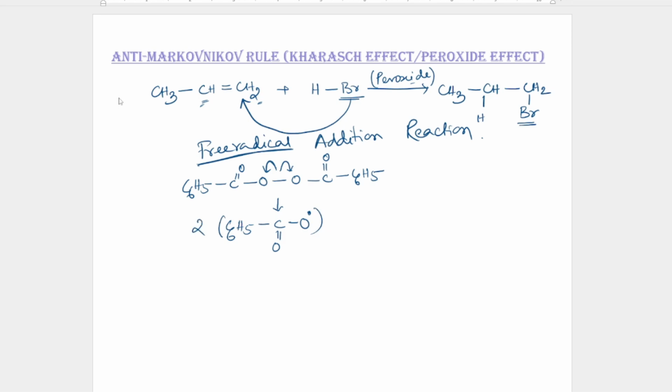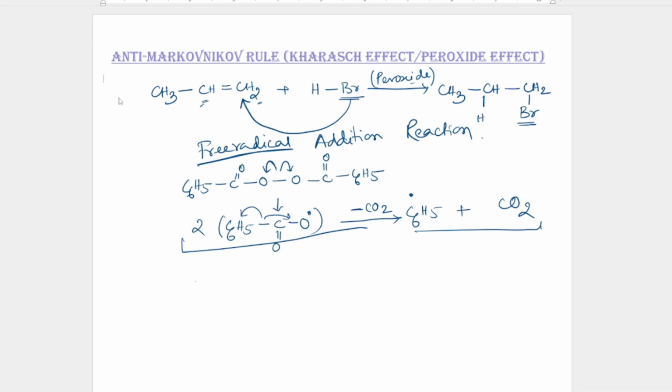Due to the positive enthalpy of these molecules, carbon dioxide is going to come out. One electron will shift here, one electron will shift here. It will give you a free radical, C6H5, and CO2. So this is the generation of free radicals.